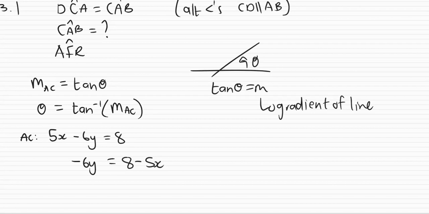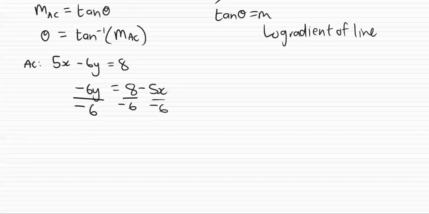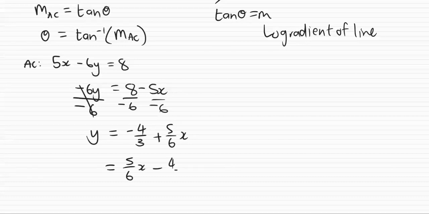We want y to be the subject, so we divide all the terms by negative 6. 8 over negative 6 is negative 4 over 3, and 5 over 6, a negative times a negative makes a positive, so it's a positive 5 over 6 x. Just quickly rearranging, this is AC in standard form.